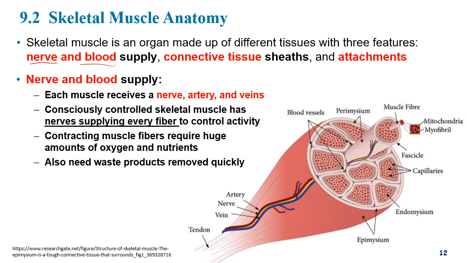So a lot of nerves to supply the impulse from your brain to your muscle. And why do you need a lot of blood supply? You need to provide oxygen and nutrients that are going to allow this muscle to have enough juice to contract.